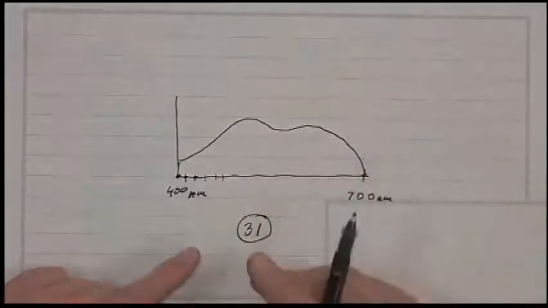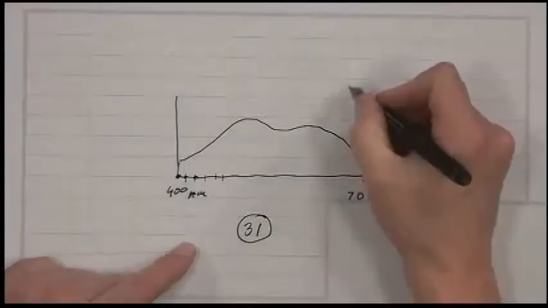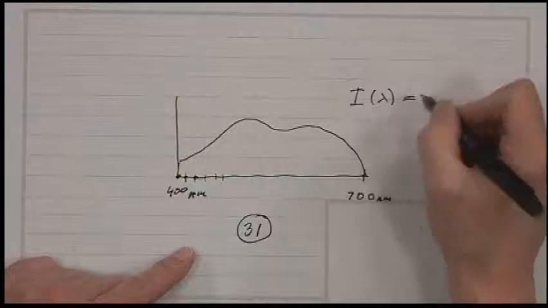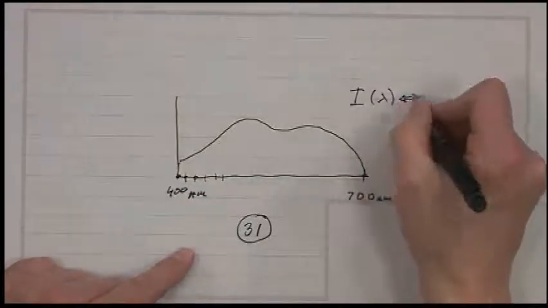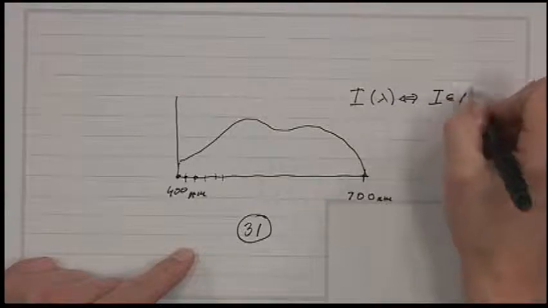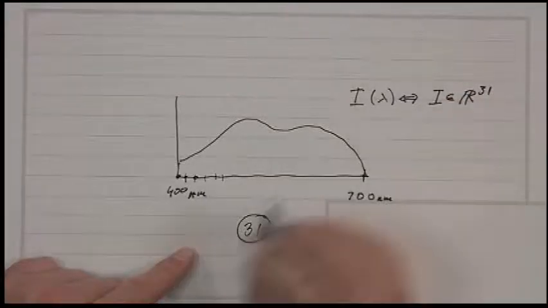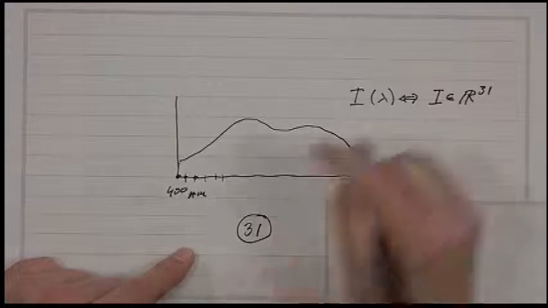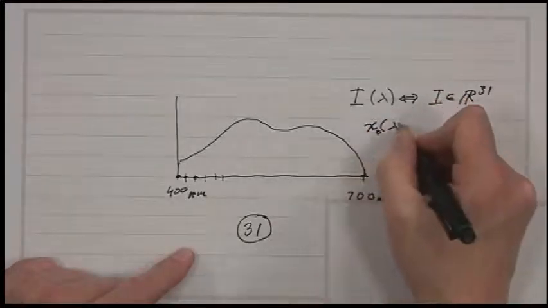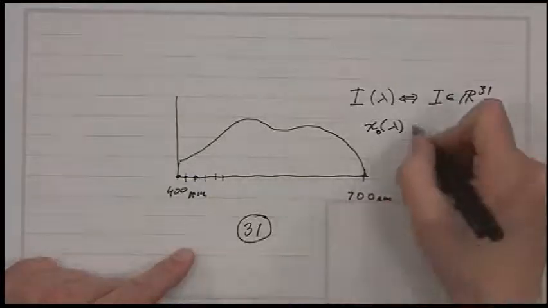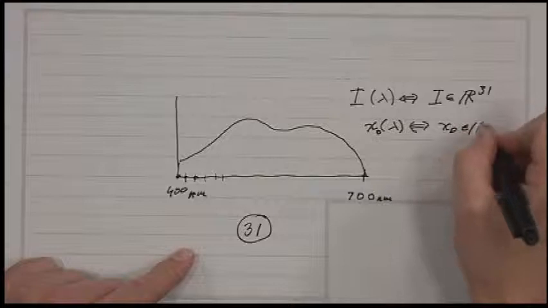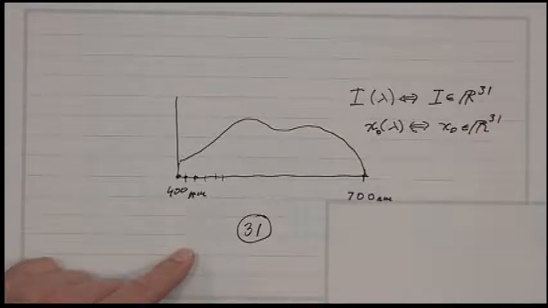Now, one thing to keep in mind is if you have I of lambda, that will be represented as I, which is a member of R to the 31. But if you have something like X of lambda, we talked about the color matching function, that's going to be represented as X0, which is also a member of R to the 31.